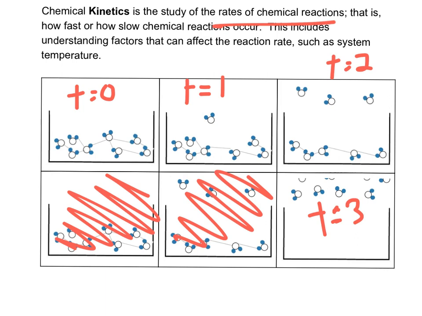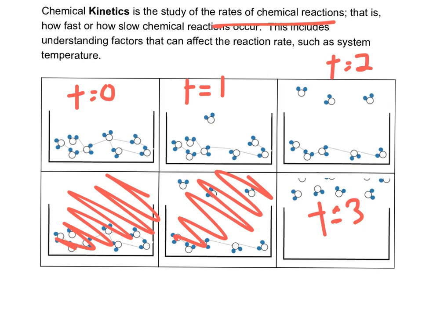So maybe instead of going T equals 0, T equals 1, T equals 2, T equals 3, maybe the same process, if the water had been warmed up, could have been T equals 0, T equals 1/2, T equals 1, and T equals 1.5. Or if we cooled the water and just kept this in a very cold environment, the evaporation process would still occur, but it would be much longer.